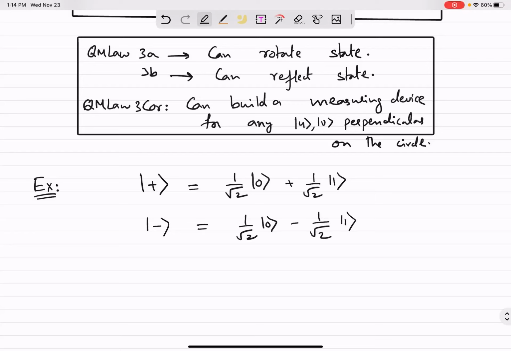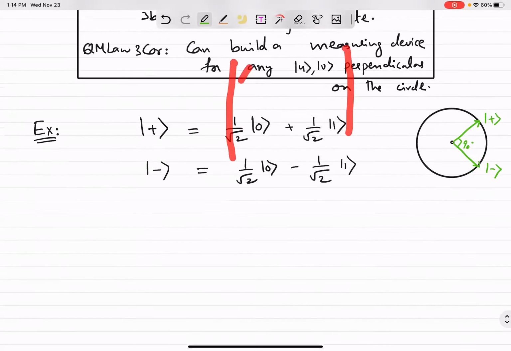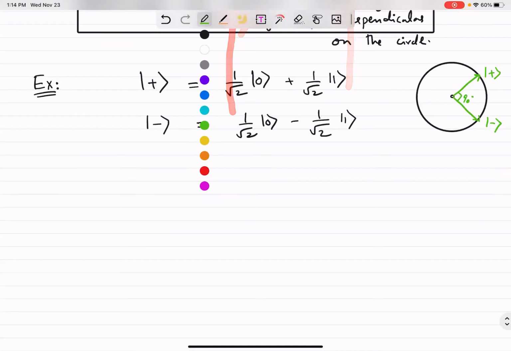Now these two are perpendicular, right? You can also see it visually. One is at angle 45 degrees, so this is plus, and the other one is exactly here. This is a 90-degree angle. Okay. Now imagine I have the device for it.